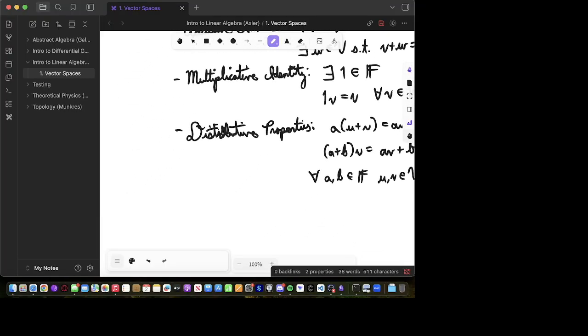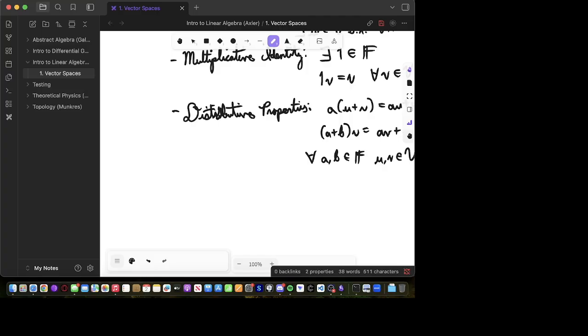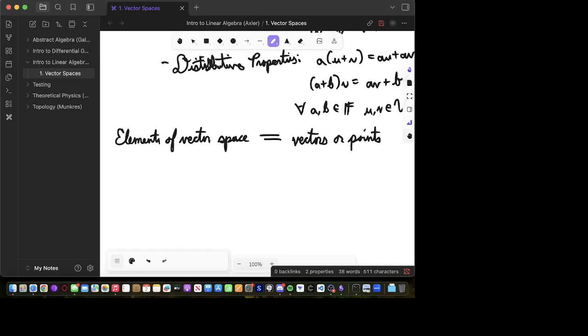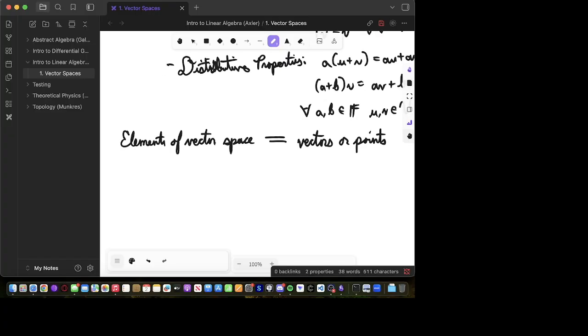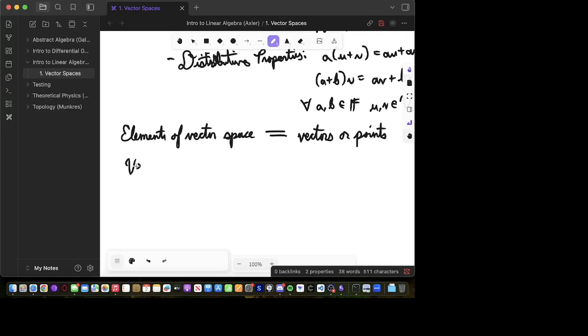Elements of a vector space are called vectors or points. And we say that we have a vector space over F if F is the field we're considering.